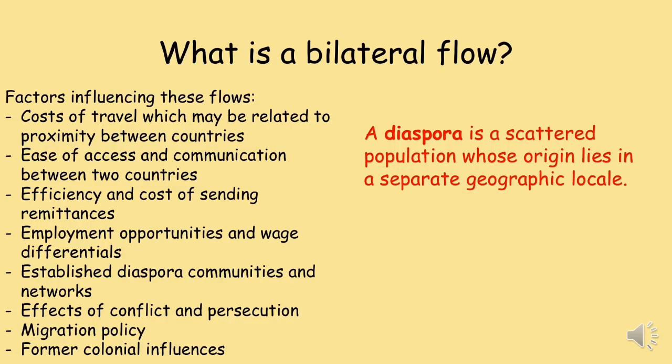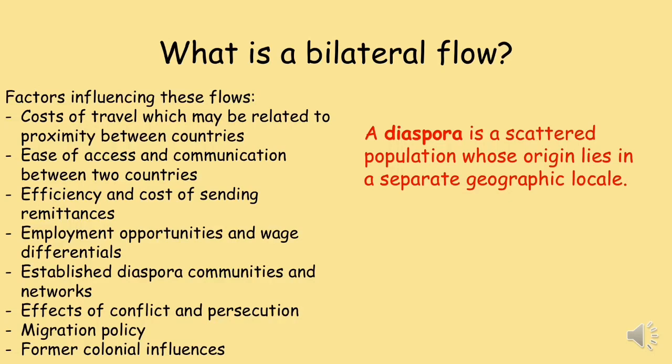Established diaspora communities and networks. So a diaspora is a scattered population whose origin lies in a separate geographic locale. So this is a posh way of saying, are there other people from that community in that place? The effects of conflict and persecution might affect who is moving and where they're moving to.